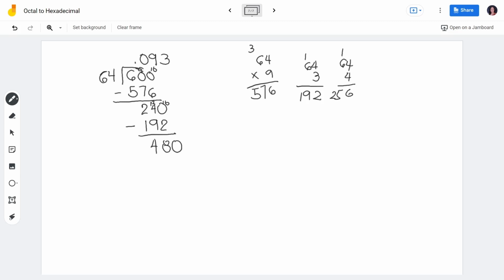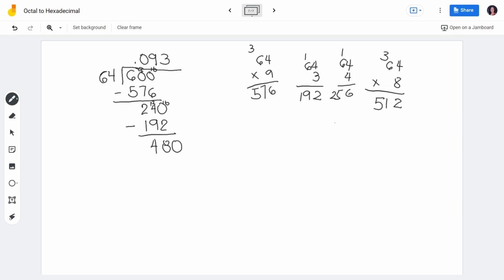Last place, 480. So we have 64 times 8, which is 512. So it's not that.